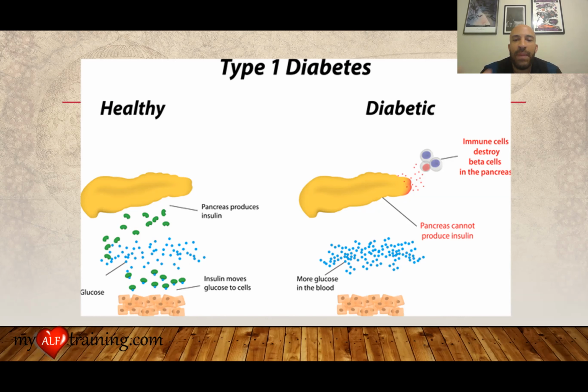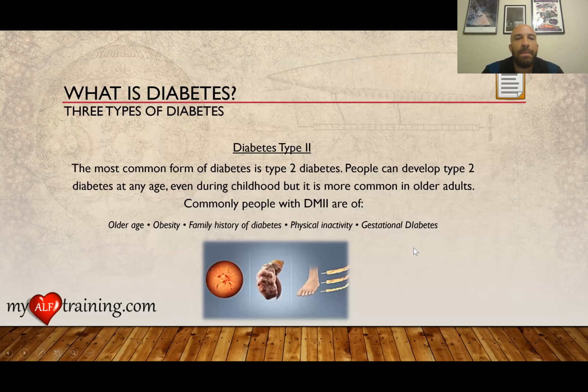So the pancreas can't make insulin. So when the patient eats a piece of the pie, now they have all this glucose floating around in the blood, which is why they have to take insulin, check their blood sugar, watch their diet, and we just see this snowballing effect because of this continued increased amount of glucose in the blood.